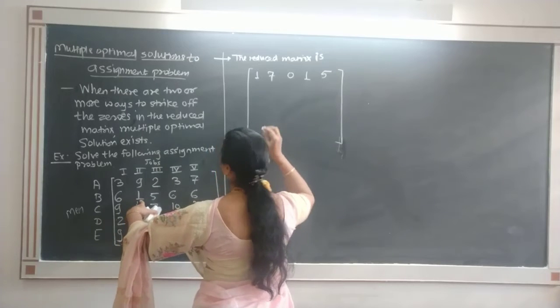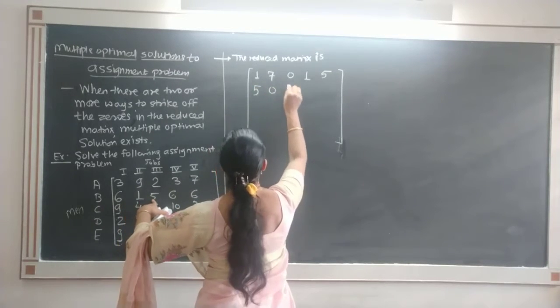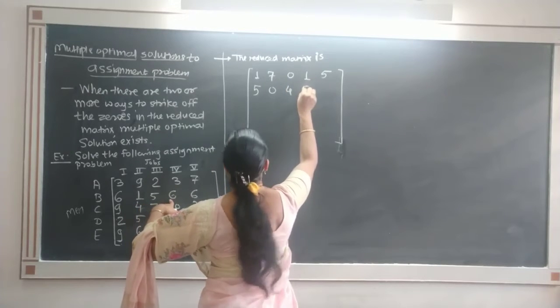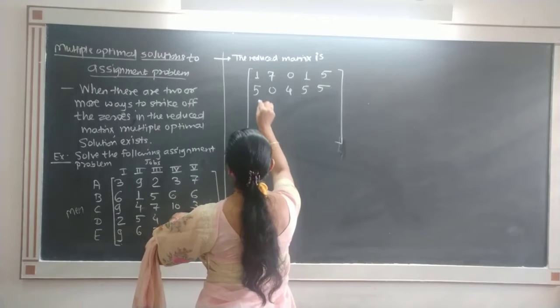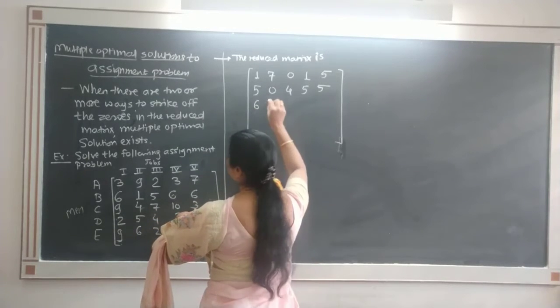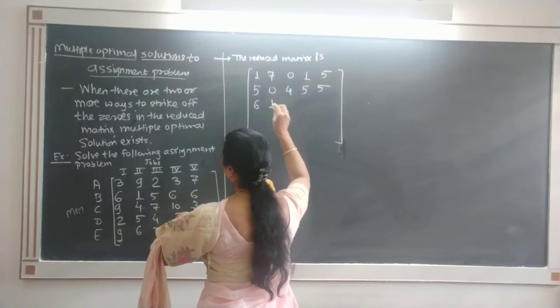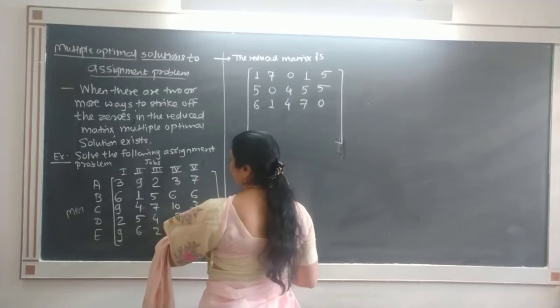Second row, smallest is 1, so subtracting 1 we get 5, 0, 4, 5, 5. Smallest is 3, so subtracting 3 from the third row we remain with 6, 1, 4, 7, 0.